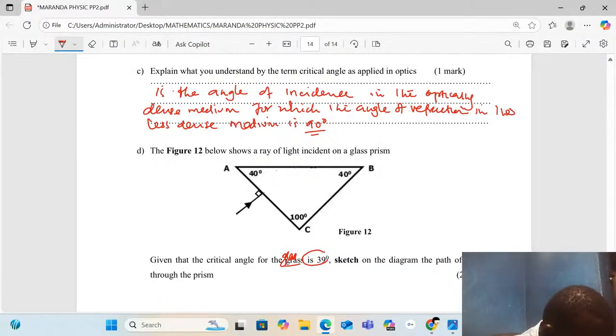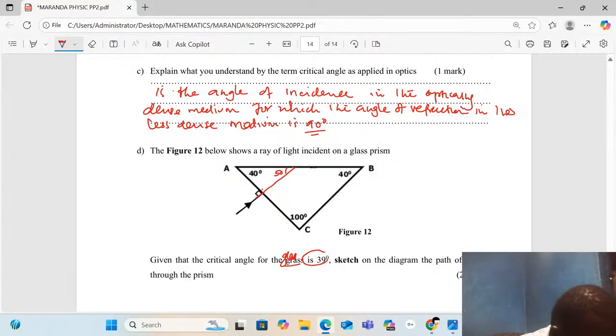So we are going to draw it. If this is 40 and this is 90, it means that this one is 50.